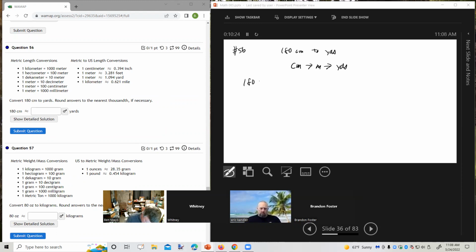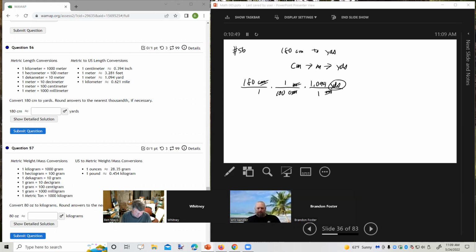So 180 centimeters, centimeters to meters, and then meters to yards. There are 100 centimeters in 1 meter. And 1 meter is approximately 1.094 yards. So common units of centimeters and meters cross out, and I have yards.